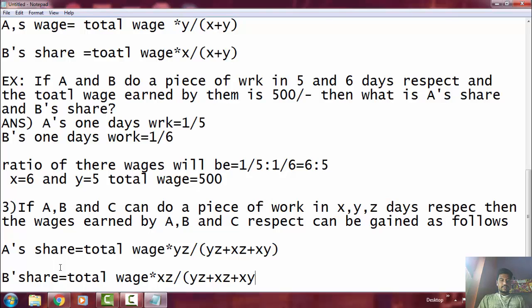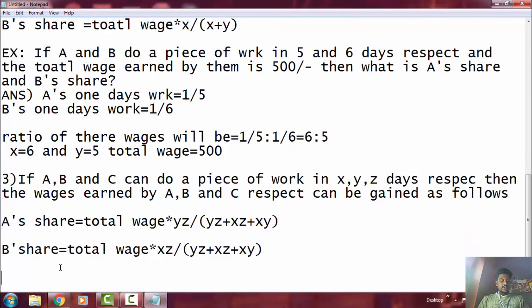Now next, C's share is equal to total wage into XY divided by the same thing, YZ plus XZ plus XY.